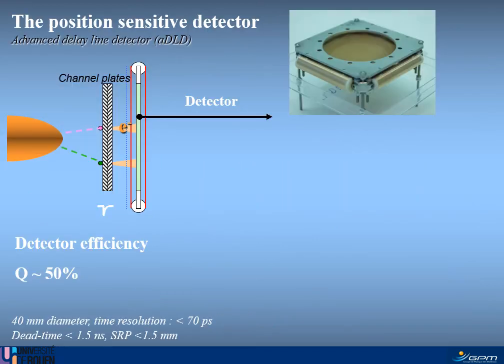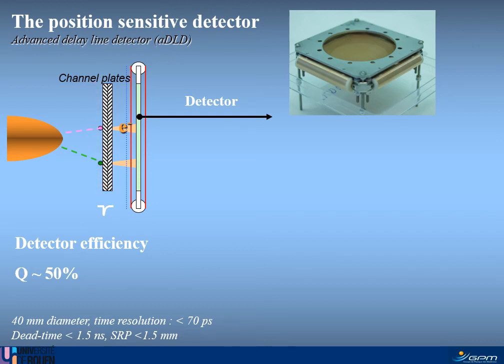The third source of problems related to quantitativity is the problem of the detection of ions. And here you've got a schematic picture of the atom probe, of a tomographic atom probe. So you've got the tip, and here the detection system is composed of channel plates.